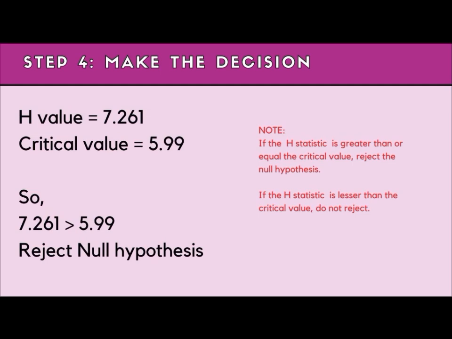Also, we have to note that if the H statistic is greater than or equal to the critical value, then we will reject the null hypothesis. And if the H statistic is lesser than the critical value, then do not reject the null hypothesis. That is why we've rejected the null hypothesis here, because our H value is greater than the critical value.